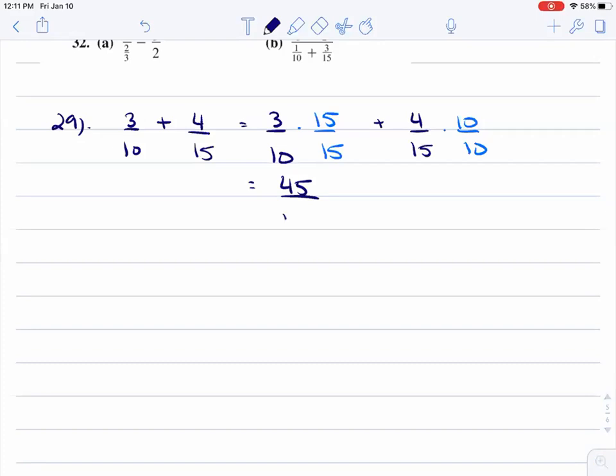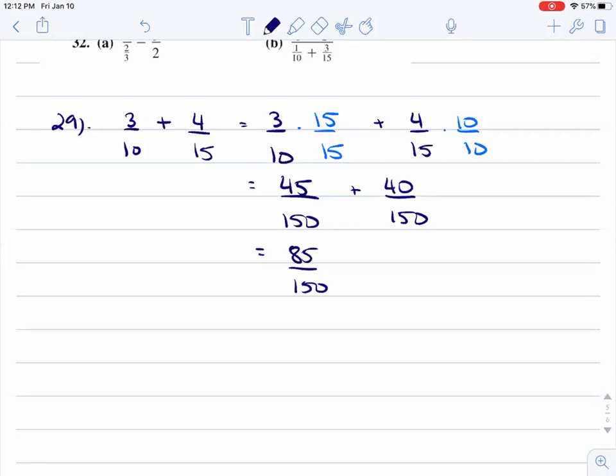So 45 over 150 plus 4 times 10 is 40 over 150. Now I've got that common denominator. And so 45 plus 40 is 85 over 150. An integer over an integer, just to tie back to the beginning.